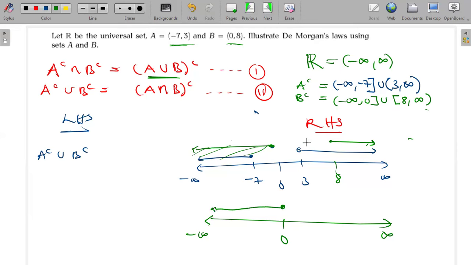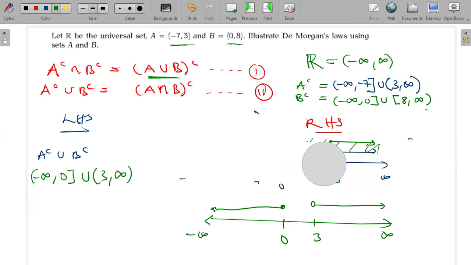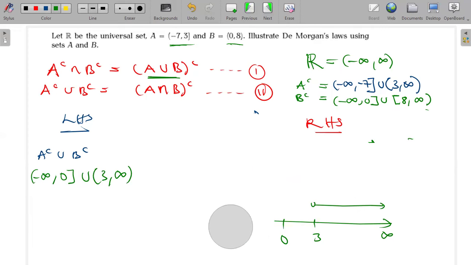And then this whole part again is going to be there. At 3, it's open, and then you go all the way. So this here is our union between the two sets, which is just from negative infinity to 0, you close, and then union from 3 to infinity, like that. So that's what you get.